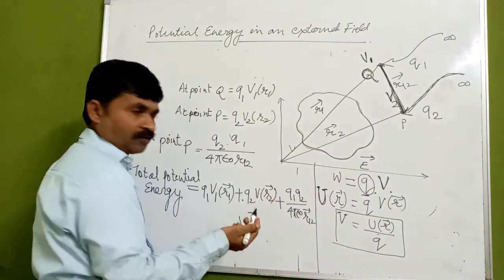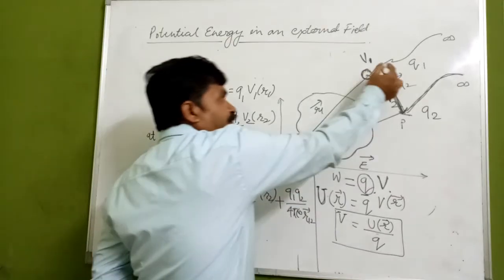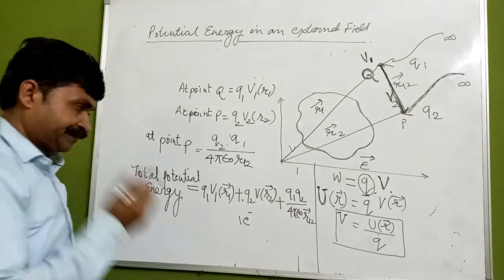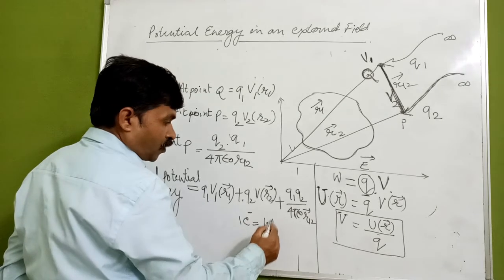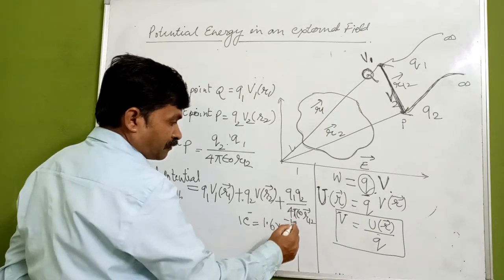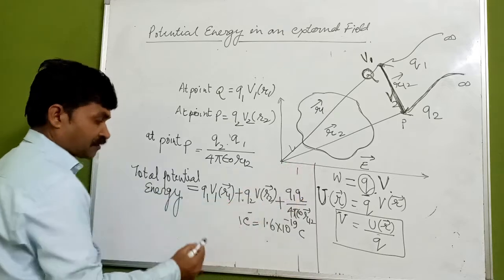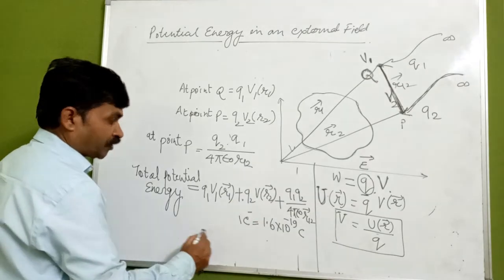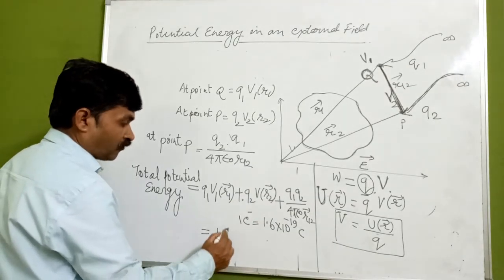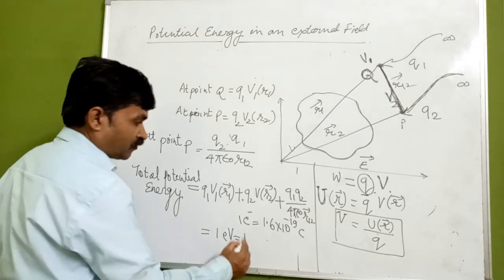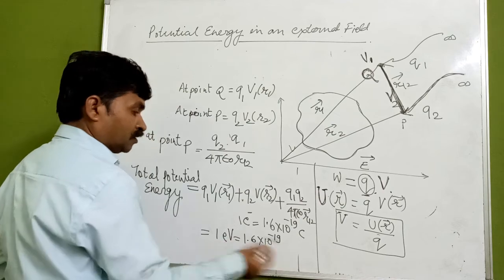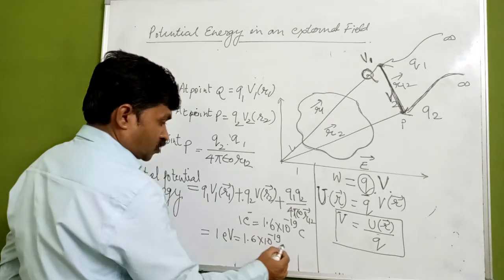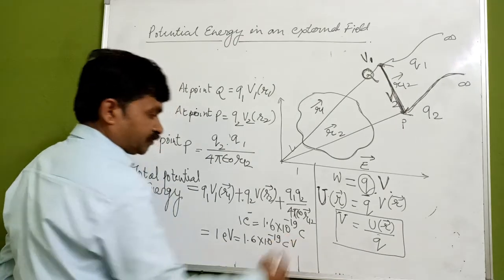And if there is 1 volt, then 1 electron, which has a charge equal to 1.6 into 10 raised to the power minus 19 coulomb, if we substitute here, we are going to have 1 electron volt, that is 1.6 into 10 raised to the power minus 19. This is coulomb and this is volt.